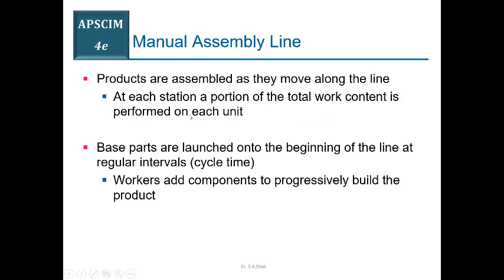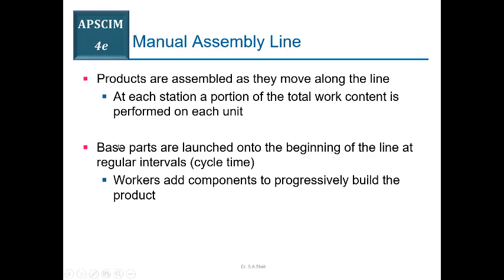मैनुअल असेंबली लाइंस में दो चीज़ें आप देखेंगे. एक तो ये है कि जो प्रोडक्ट्स हैं दे आर असेंबल्ड एज दे मूव along the line. And at each workstation, some portion of the total work content will be performed on each individual unit. वर्क कंटेंट मैंने आपको बता दिया है कि जो टोटल नंबर ऑफ ऑपरेशंस होंगे, so some ratio, some percentage of that total number of operations will be performed at individual workstations.